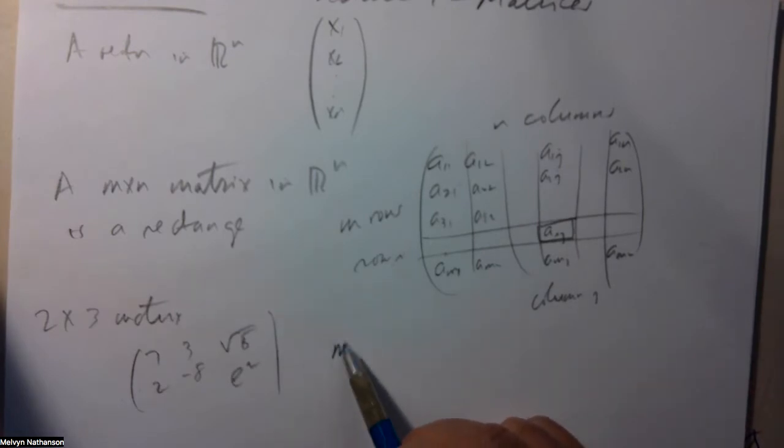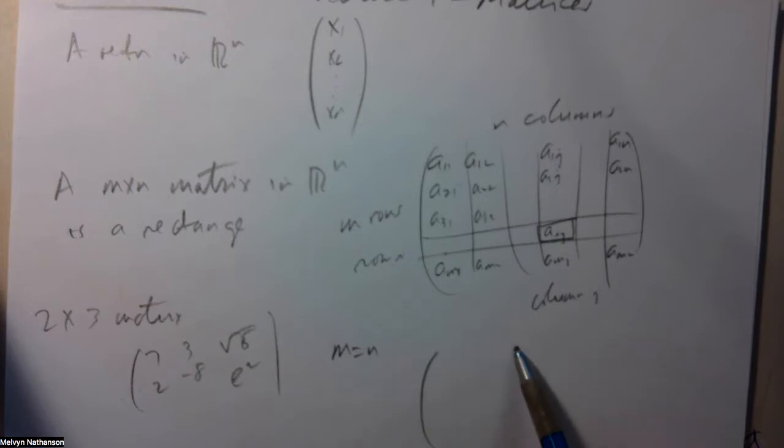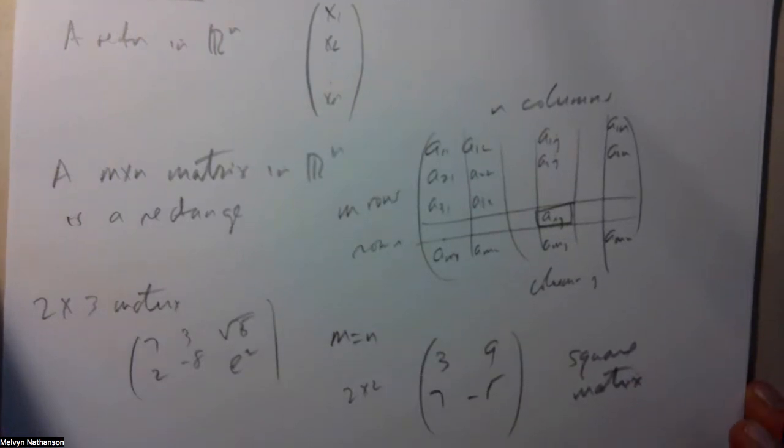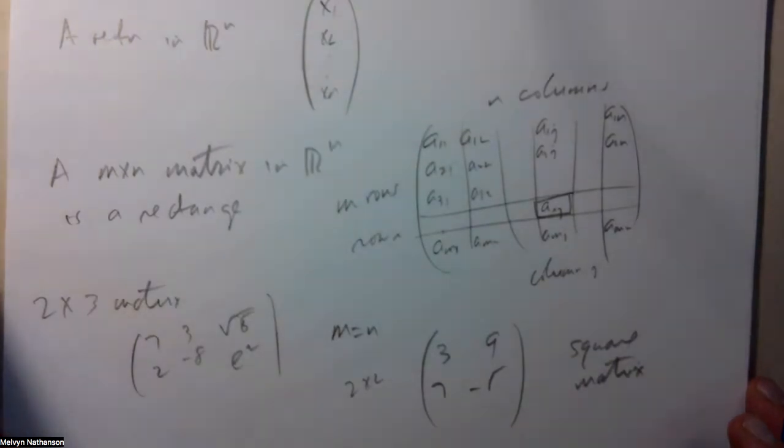And if m equals n, let's say a 2 by 2 matrix, this is called a square matrix. Just the way a square is a rectangle where the height and the width are the same, a square matrix is a rectangular matrix which has a square shape. The number of rows equals the number of columns.